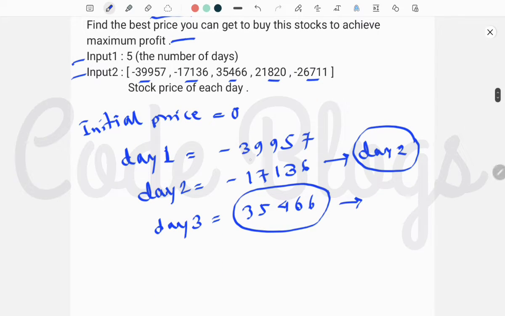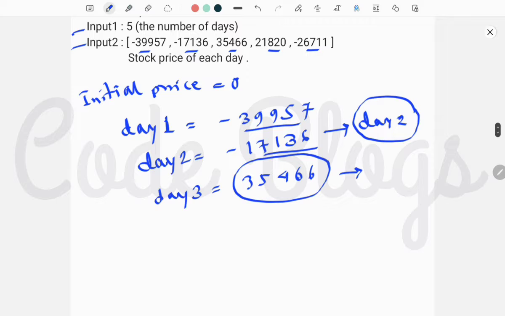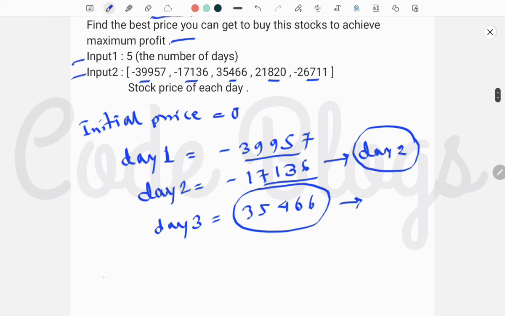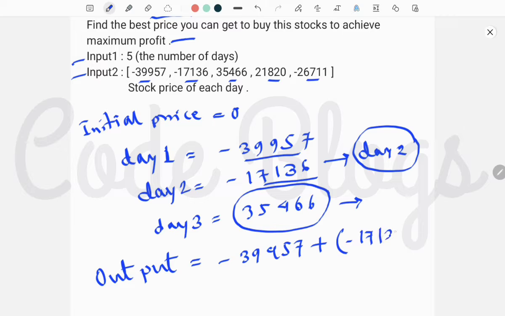So the first day its value is minus 39,957 and on day 2 its value is minus 17,136. So the output becomes 39,957 plus 17,136. If we sum this, the value becomes minus 57,093.